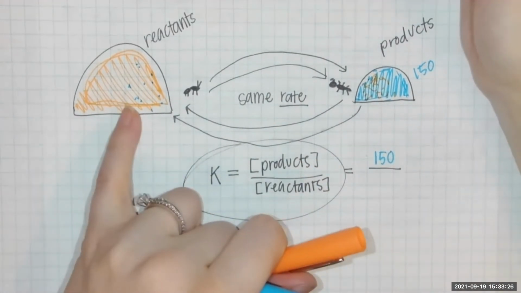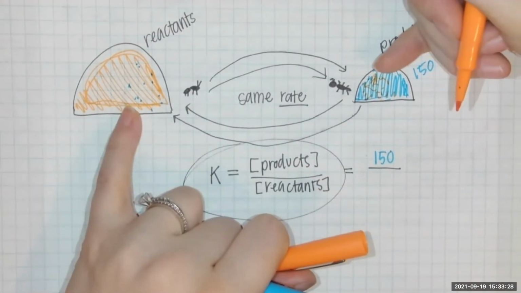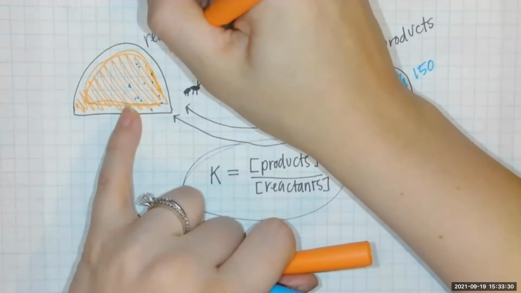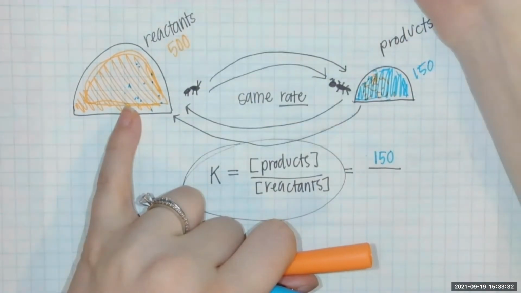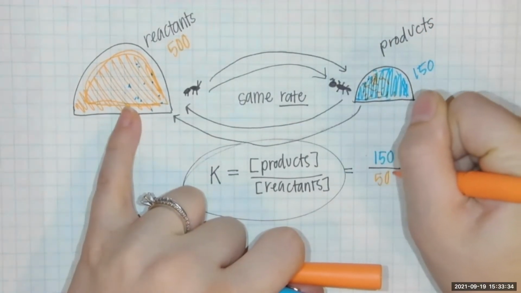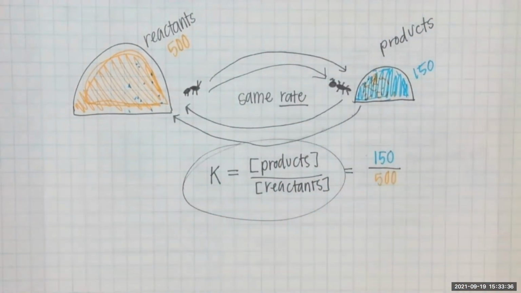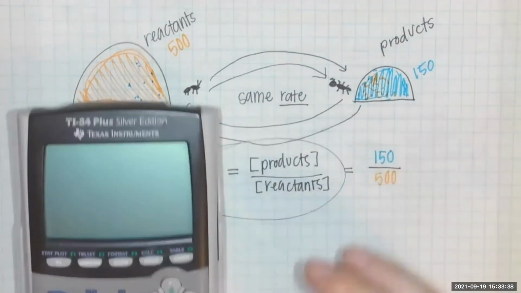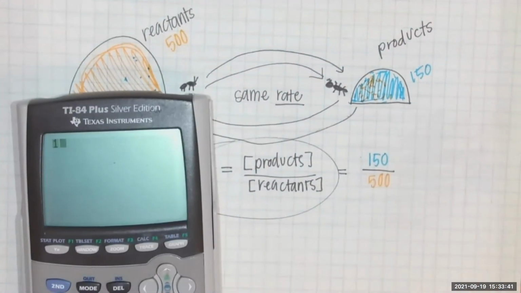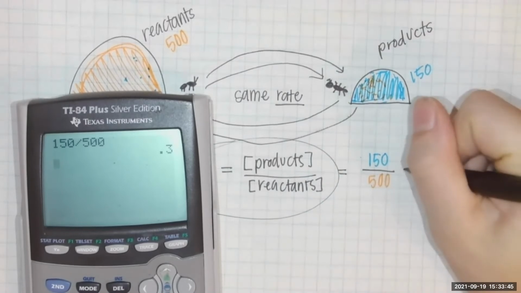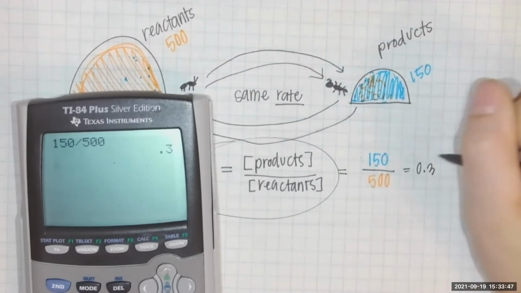That one looks like it's got a lot more. If this is 150, maybe this one's like 500-ish. 150 over 500, just as an example, equals 0.3.